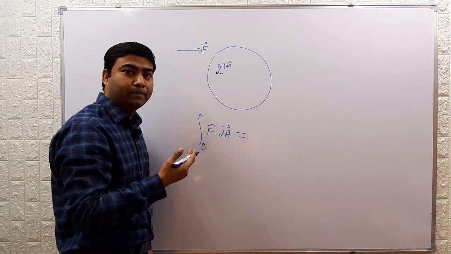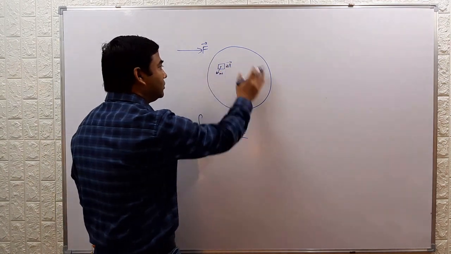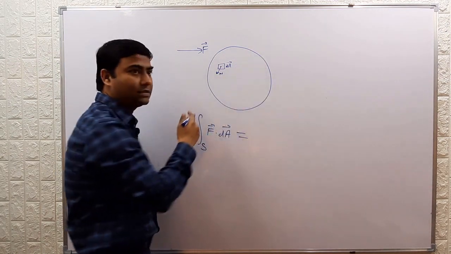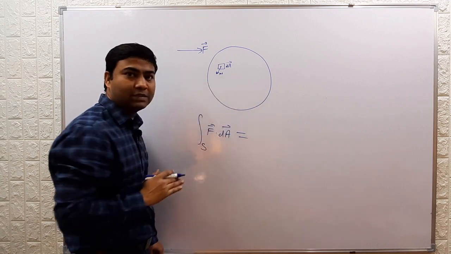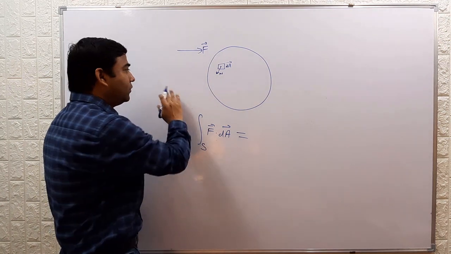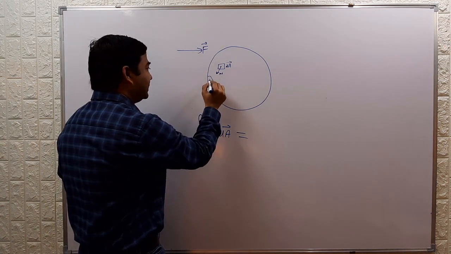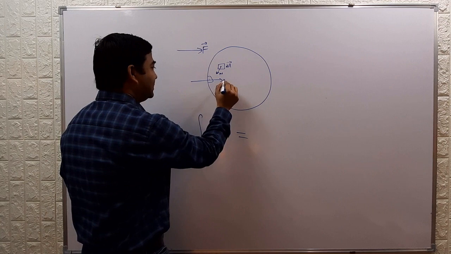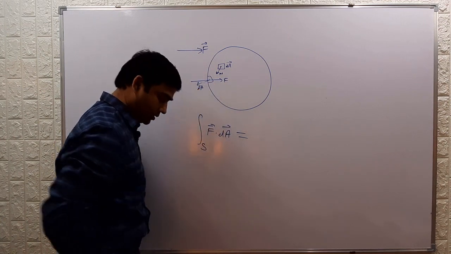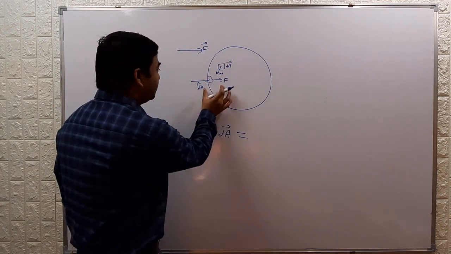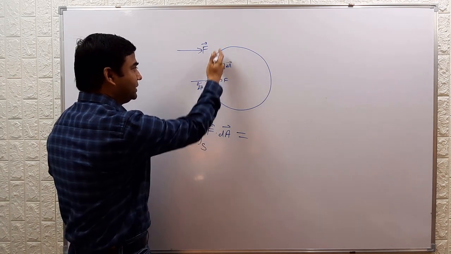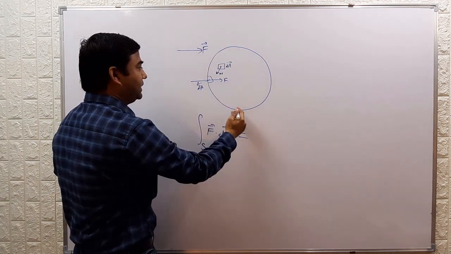What is net flux? Net flux is the total algebraic sum of flux through the surface. Some flux will enter the surface and some flux will exit from the surface. Suppose this is dA. Here F is in this direction and dA is in this direction, so both are in opposite directions.